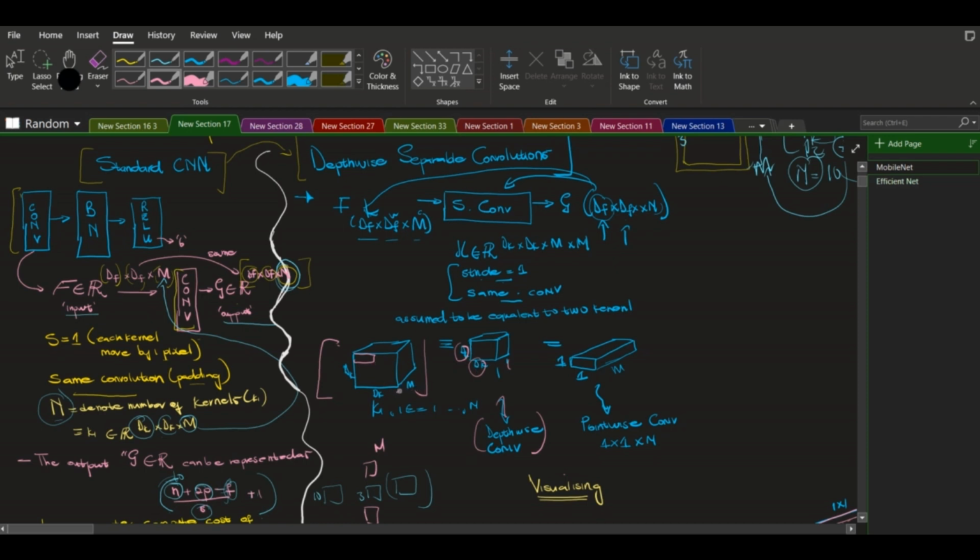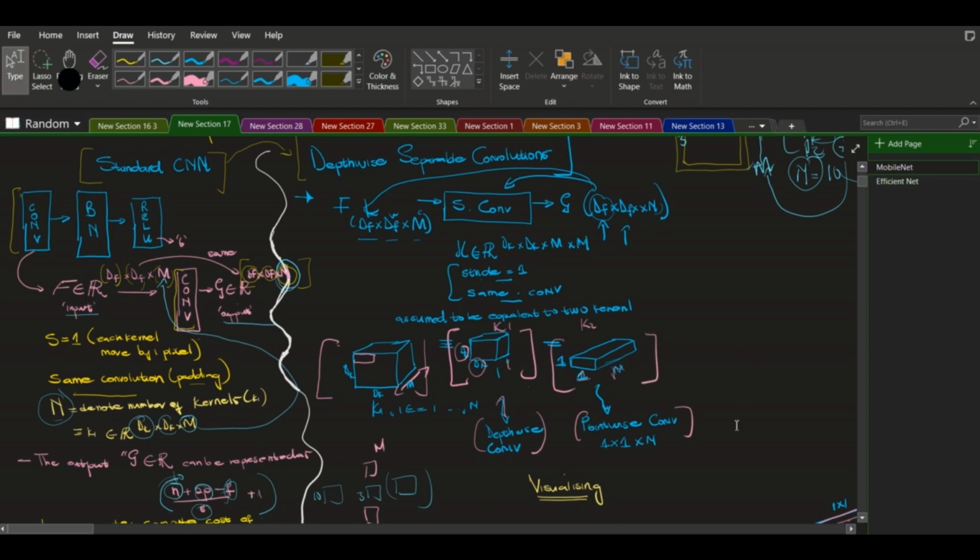Then for us to convolve this dimension M, we use what we call pointwise. We create another kernel, kernel 1, kernel 2, right? We use this 1 by 1. We call it pointwise convolution, then by M, like so. So it's going to convolve this. But the point here is that we have two components, the depthwise and the pointwise.